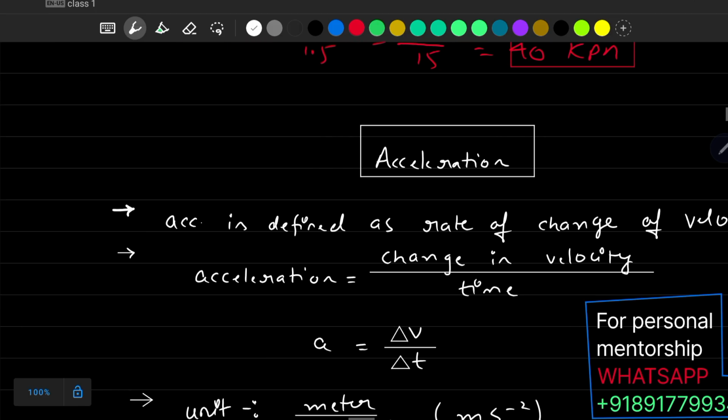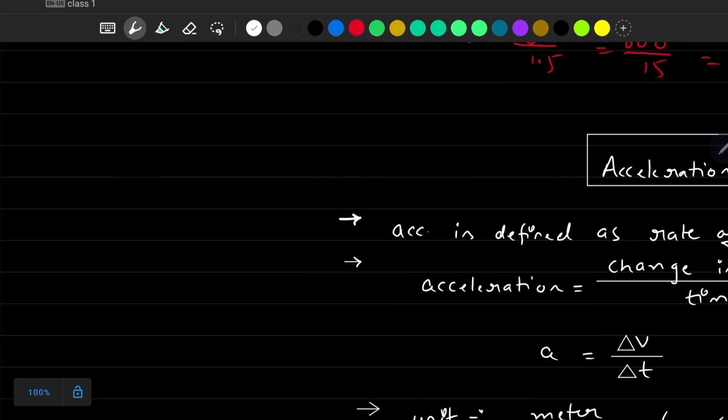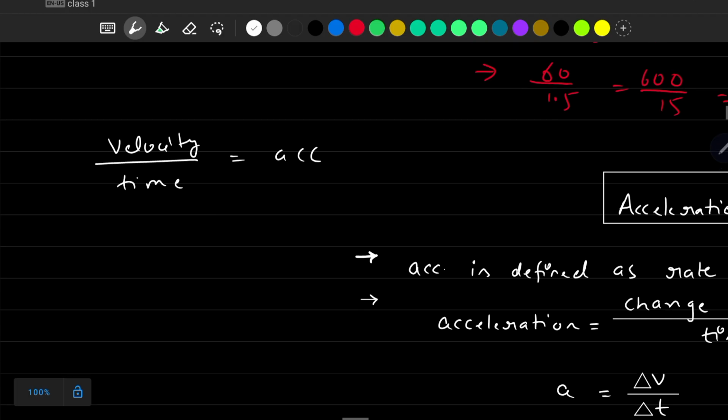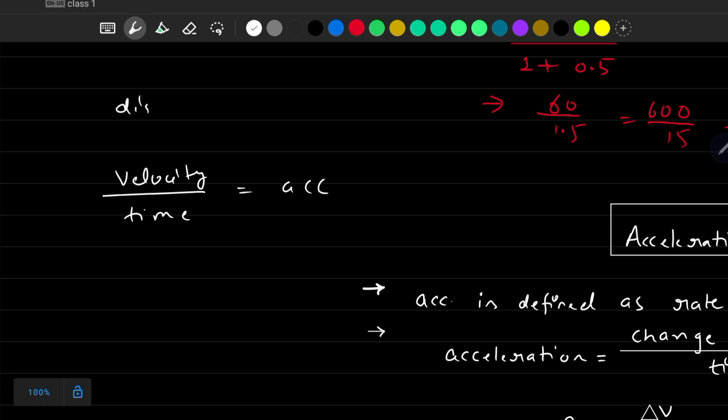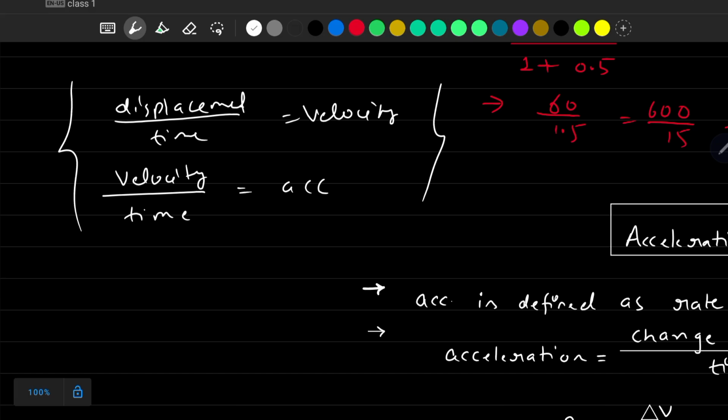So we have to remember this: when you have velocity, you divide by time, you get acceleration, and when you have displacement, you divide by time, you get velocity. So this thing we have to keep in our mind.